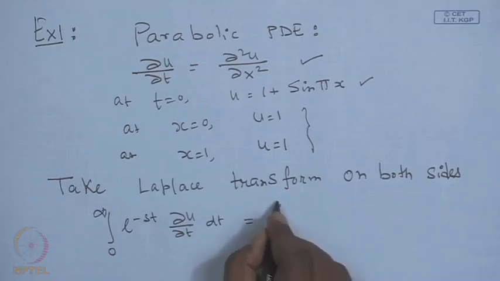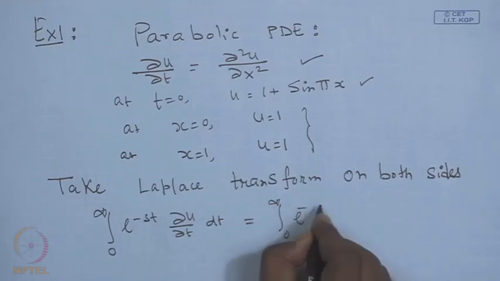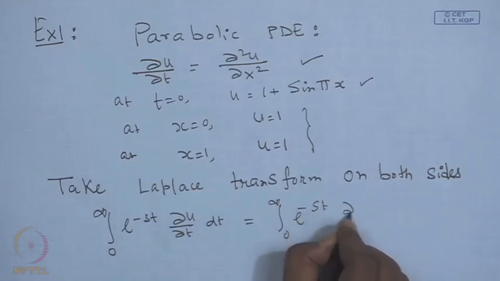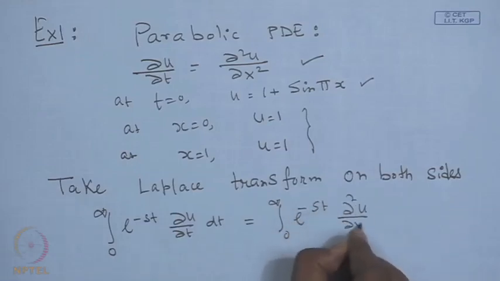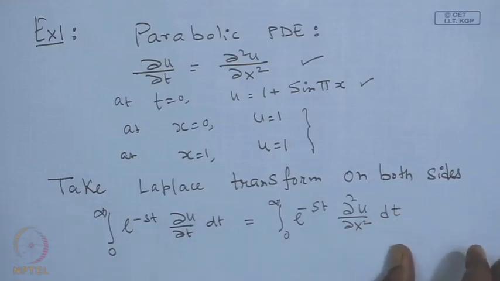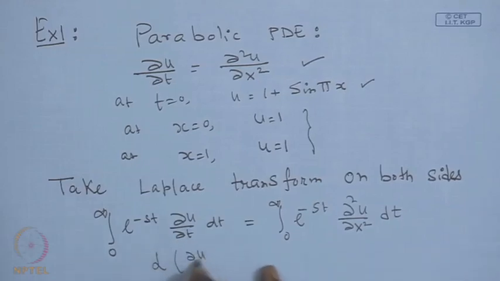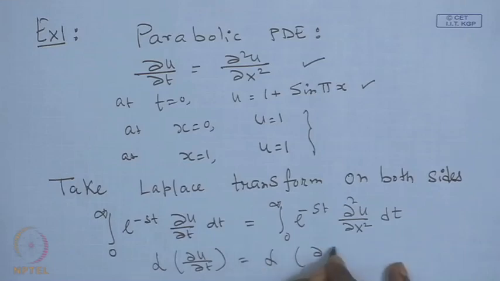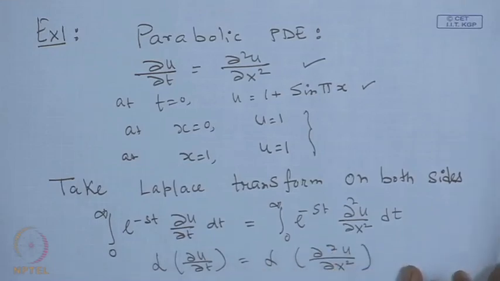So, 0 to infinity e to the power minus st ∂²u/∂x² dt. Okay. So, this is basically Laplace of ∂u/∂t is equal to Laplace of ∂²u/∂x².